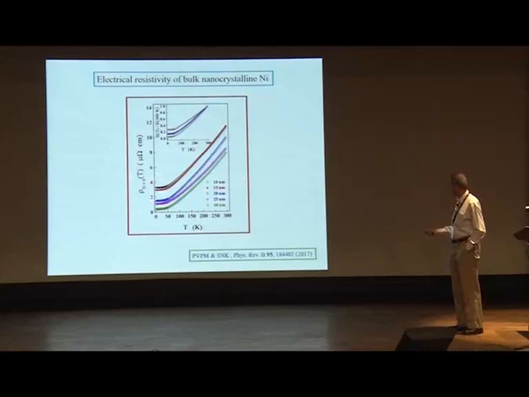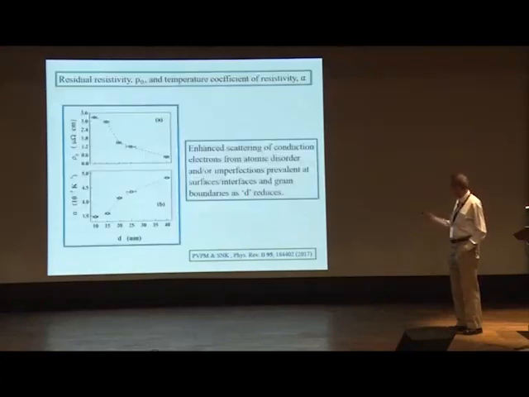As you can see, as expected, as the crystallite size reduces, the residual resistivity goes up, whereas the temperature coefficient of resistivity near room temperature increases with increasing crystallite size. That is seen in this slide.